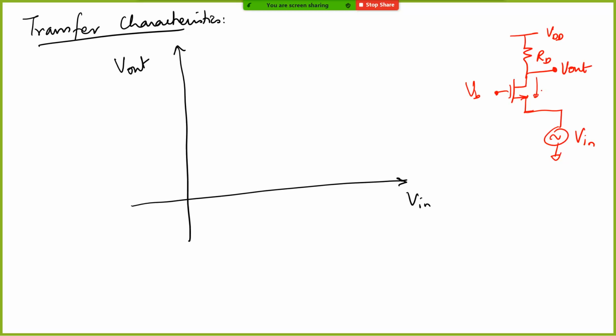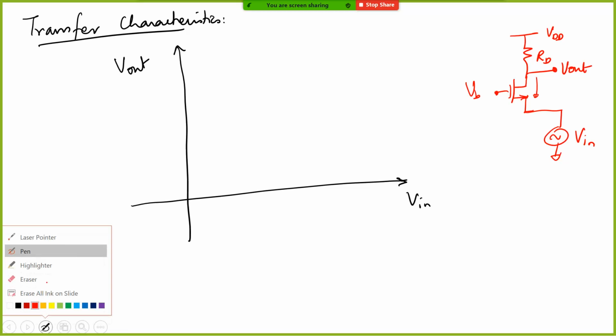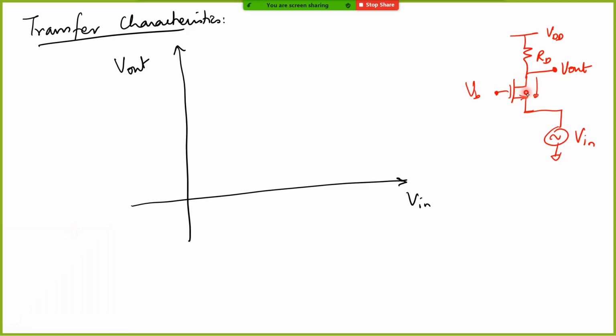Because of the current flow, this will most likely be in the triode region, right? It has a very large gate to source voltage and very little drain to source voltage. So because it's in the triode region and current flows, it will not be 0. It will be a little above 0. So something like this is what will happen.